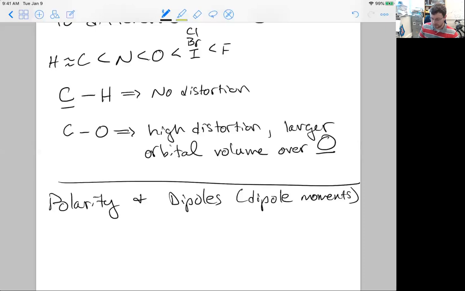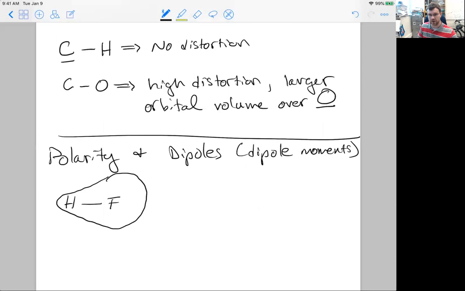Okay, so let's look at H bonded to F again, the most extreme example. The molecular orbital that results from sharing these electrons across each of the 2 atoms is distorted, such that there's a larger lobe on the right over the fluorine atom and a smaller lobe over the H.